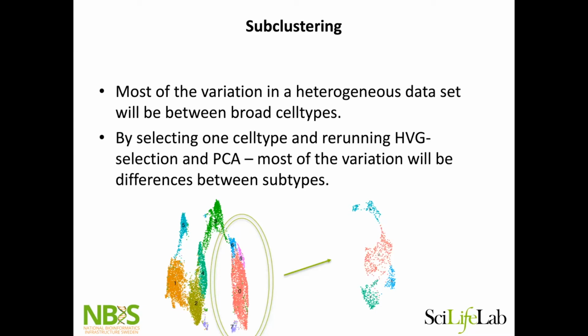When we run PCA, we have the principal components that separate all the cell types in the data set. So by going back to just one cluster or several clusters that are close by, as in this example, and rerunning variable gene selection, PCA, graph construction, and clustering again, you might separate out subtypes better than you did in the full graph.